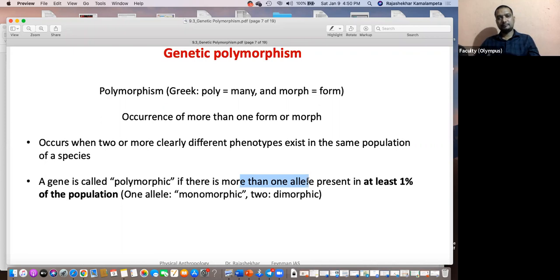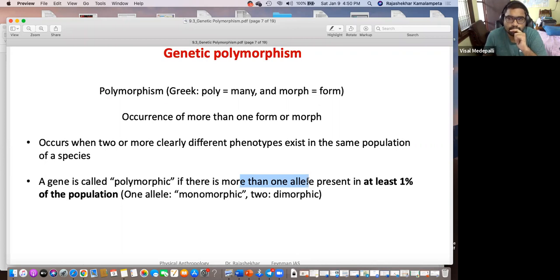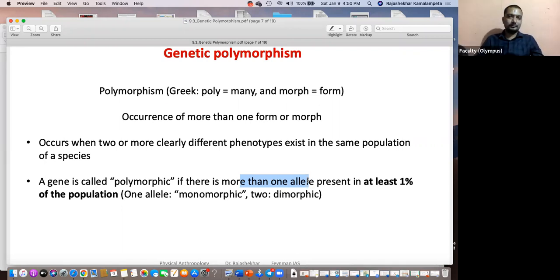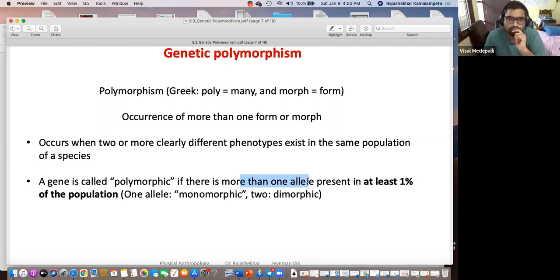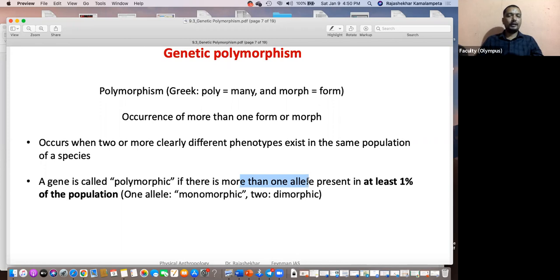No. It has to be 1 out of 100, so 10 out of 1,000, or 100 out of 10,000. By the rule, it has to be at least 1% of the population.